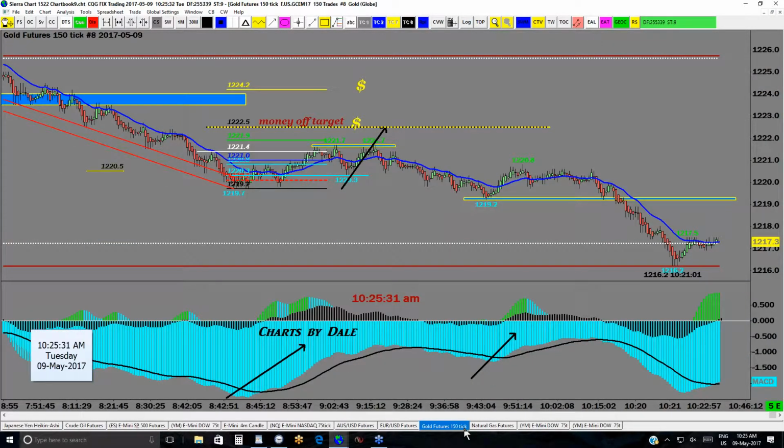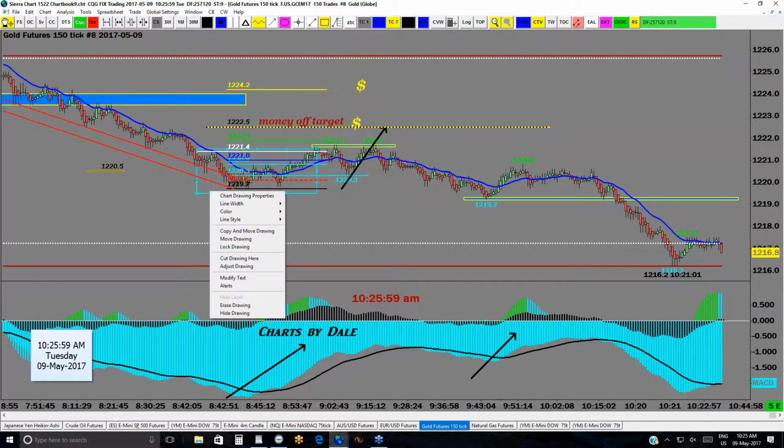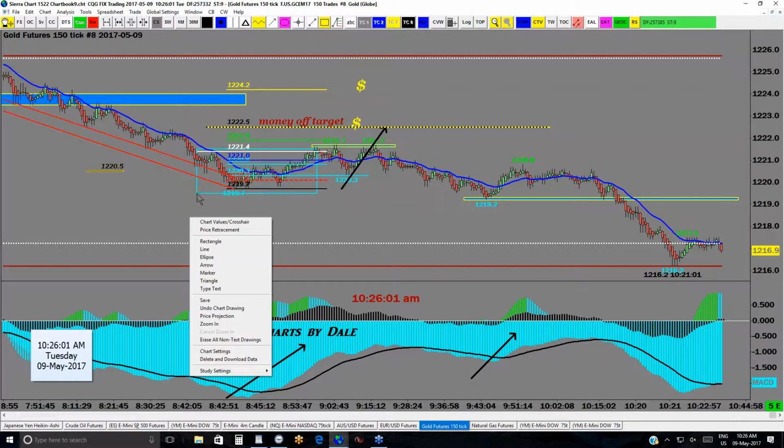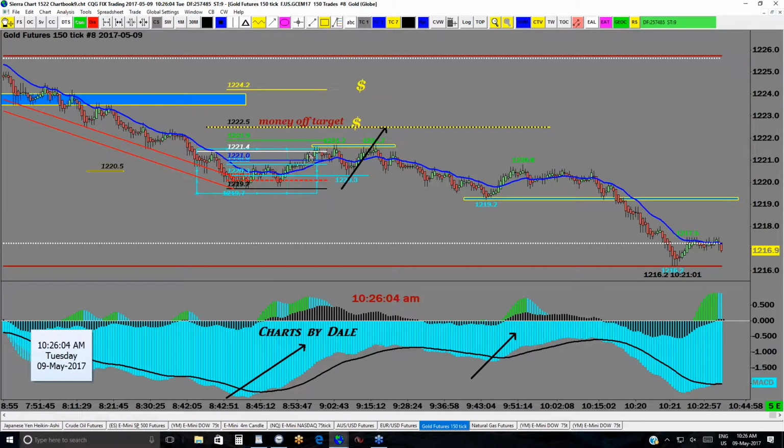So the gold failed, and we'll keep an eye on it if we get another chance to counter trend gold here. We'll see, but it's 10:25, so that's approximately 10 minutes since we last spoke, and this year put in the resistance area. This year resistance comes in right over here. I'll use an aqua box.